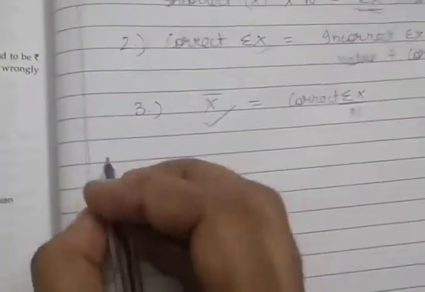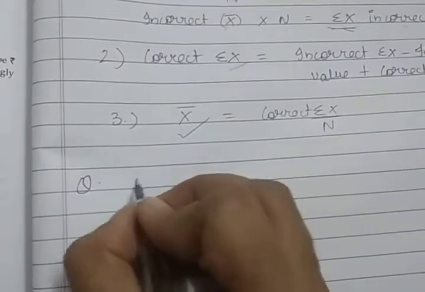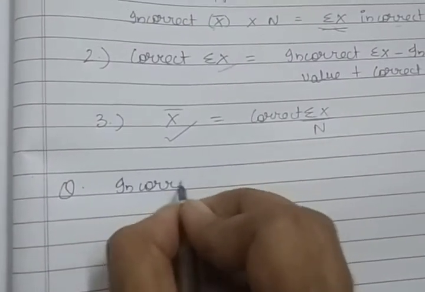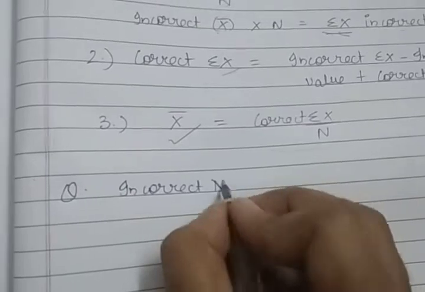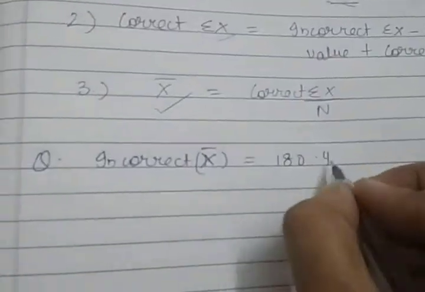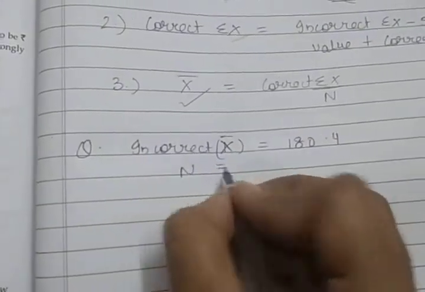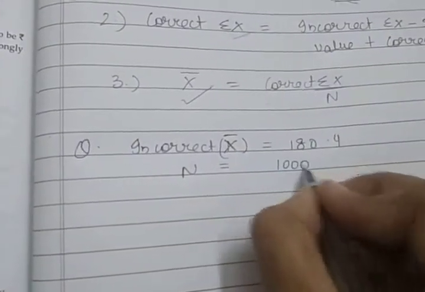First of all, let's write what is given to you in the question. Incorrect mean was given, 180.4. Then number of items was also given to us, 1000 employees.